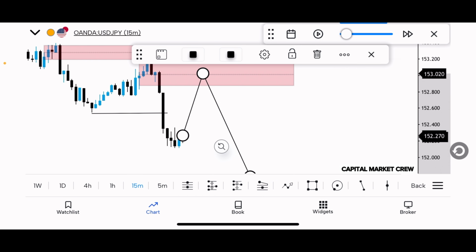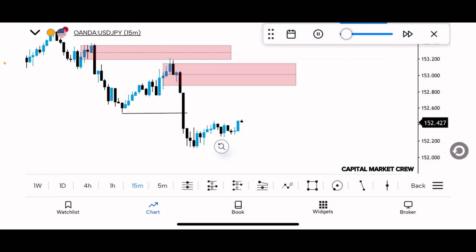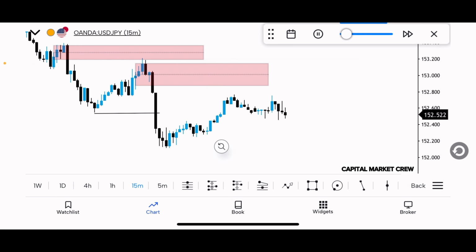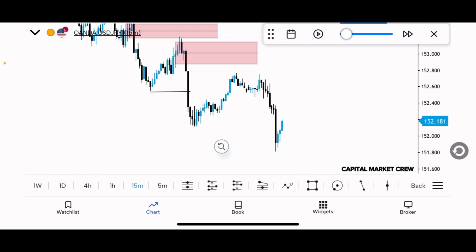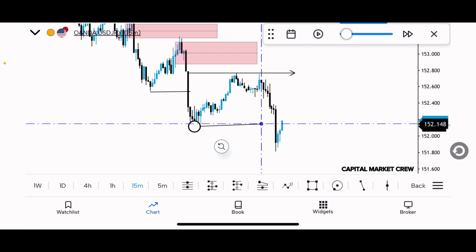So let's play. As we can see, the market didn't tap our supply zone here, but it came down here, came back here, and broke this structure here.